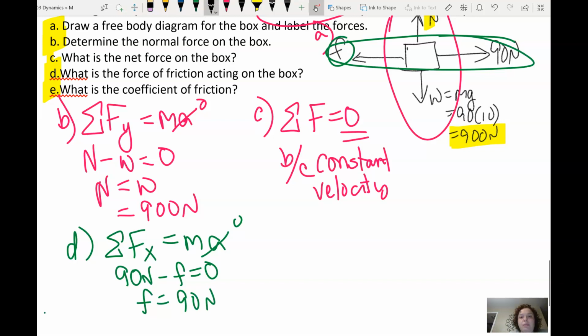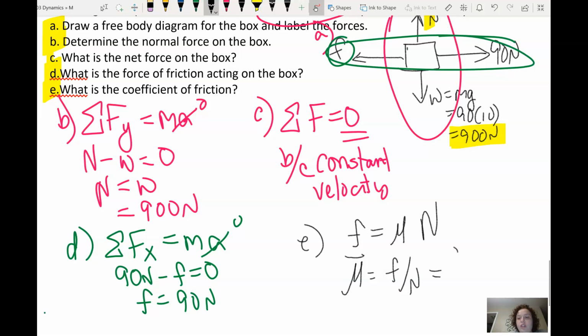Our last step is E, to find the coefficient of friction. The force of friction is equal to the coefficient times the normal force. So that means our mu is equal to friction divided by the normal, and our friction is 90 newtons.